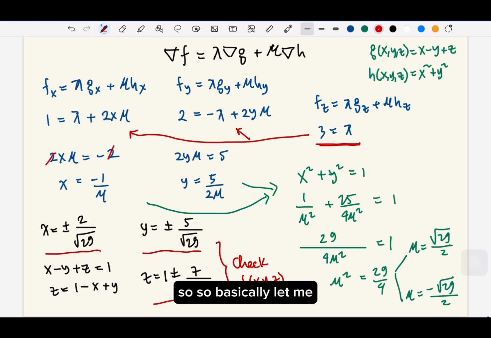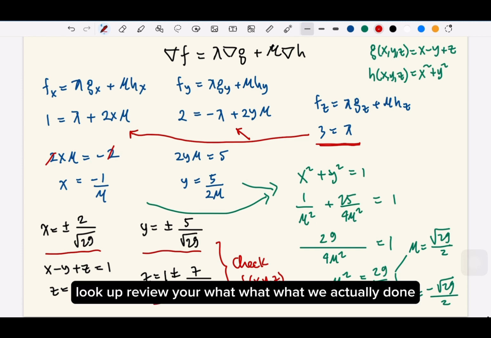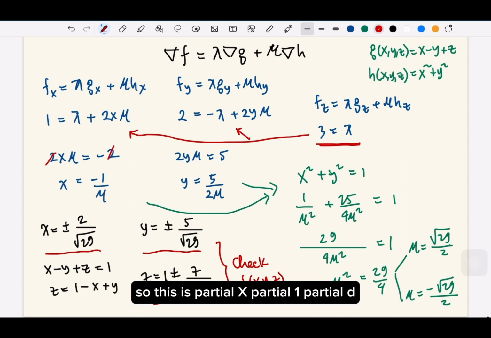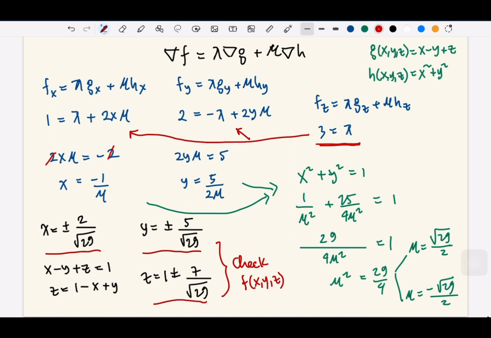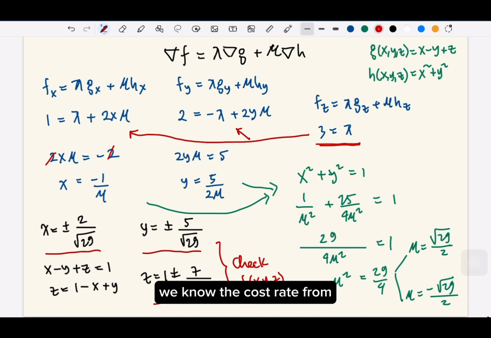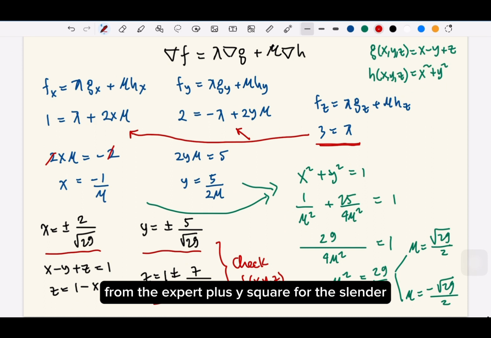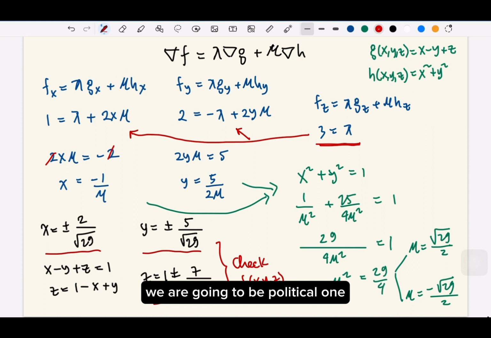So basically, let me review what we actually have done. This is partial x, partial y, partial z. From partial z, we get this lambda. We put the lambda back into the equations. We get these two equations here. So we have x and y. We know the constraint from x squared plus y squared from the cylinder, which we equal to 1.